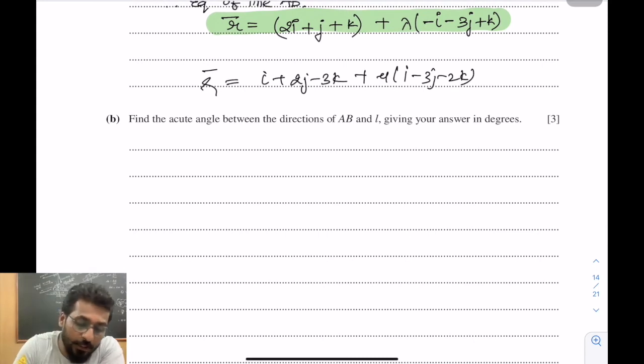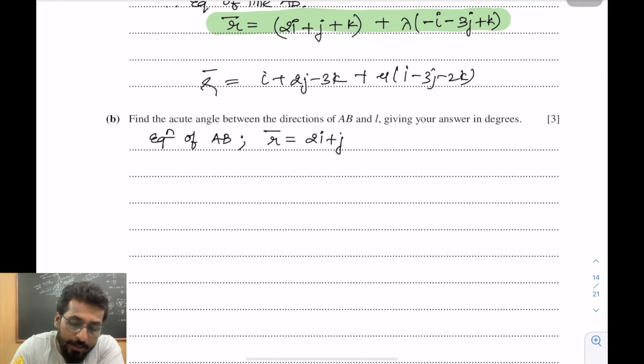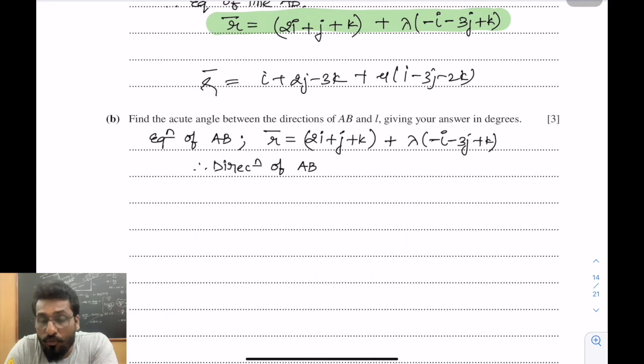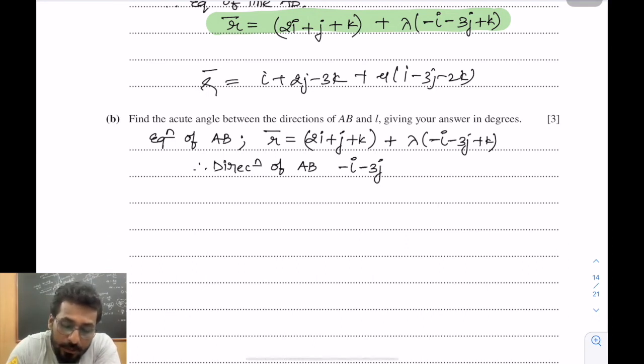So I'll first of all write the equation of line AB and L. Equation of AB is R bar is equal to 2I plus J plus K plus lambda times minus I minus 3J plus K. Therefore, what's the direction of line AB? Students, the direction of line AB is going to be minus I minus 3J plus K. What's the equation of line L?